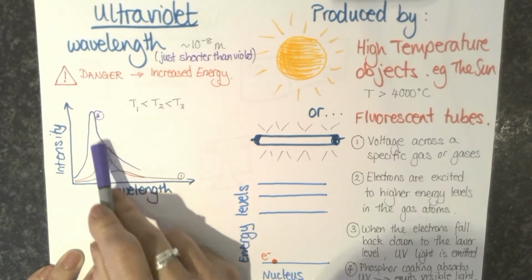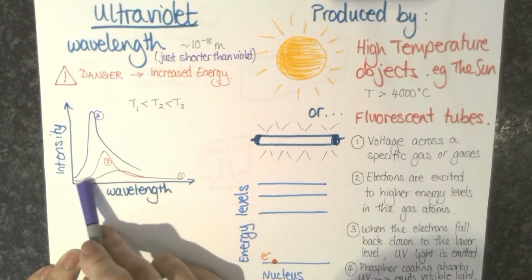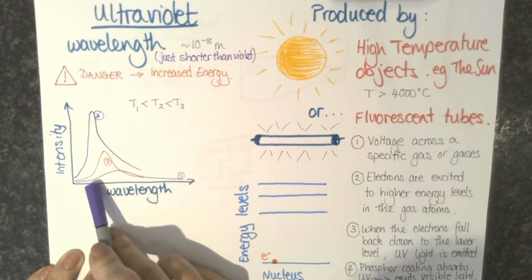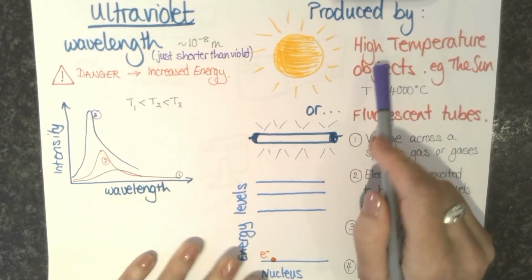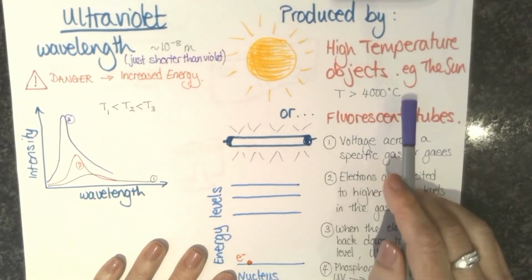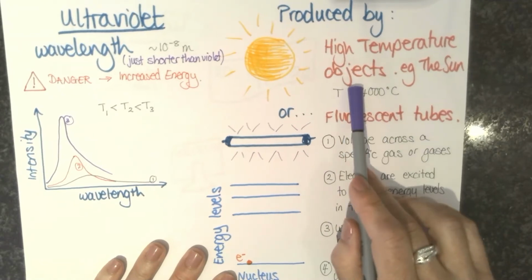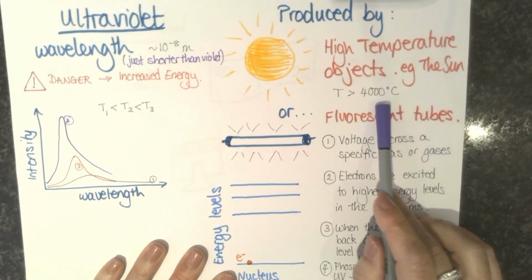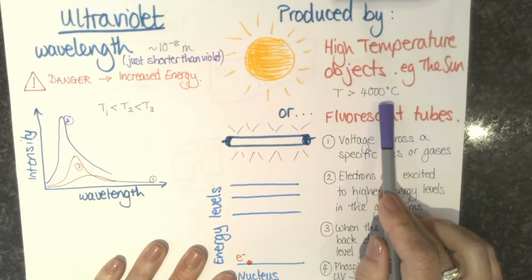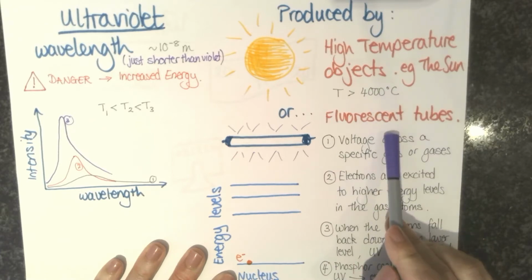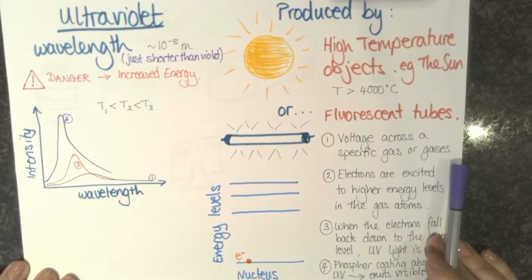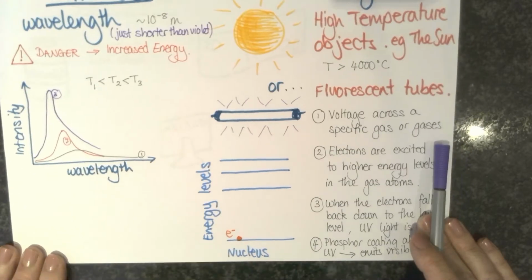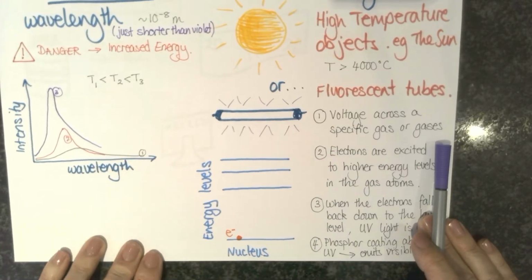So here, in order to get our very short ultraviolet wavelengths, our temperature has increased. Our ultraviolet is produced by hot objects or high temperature objects, for example our sun, where the temperature is greater than 4,000 degrees centigrade. You can also get ultraviolet produced in a fluorescent tube, and it is used then to produce light.